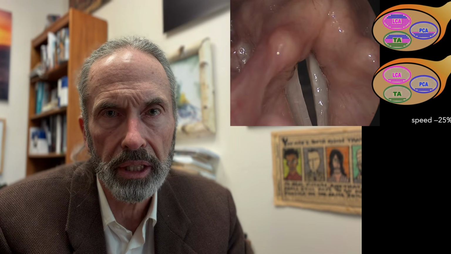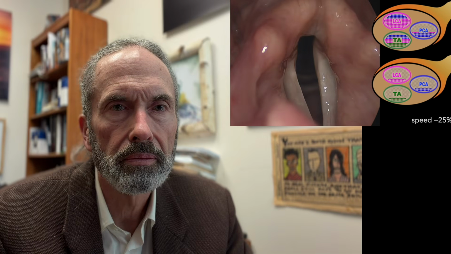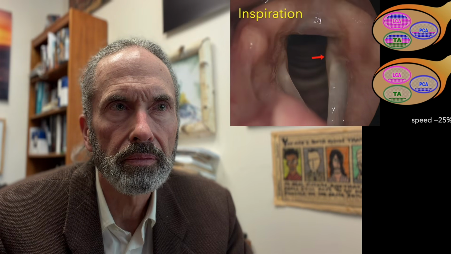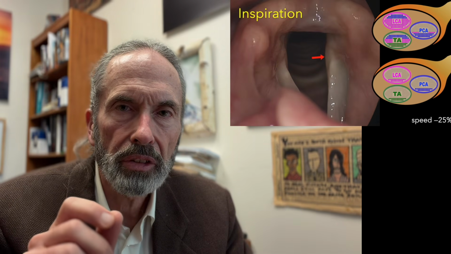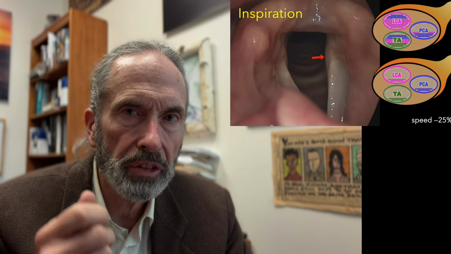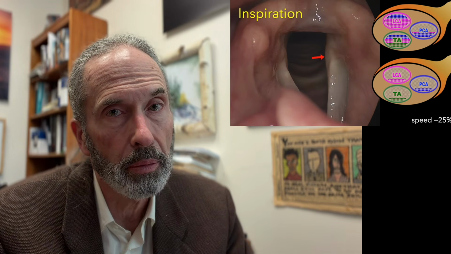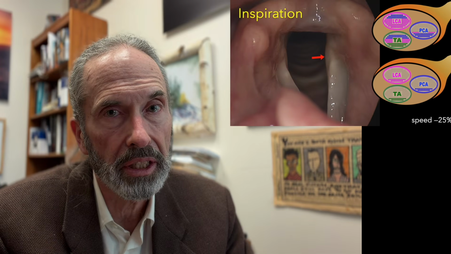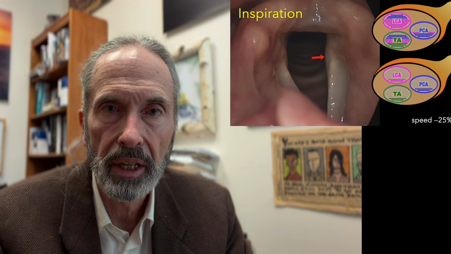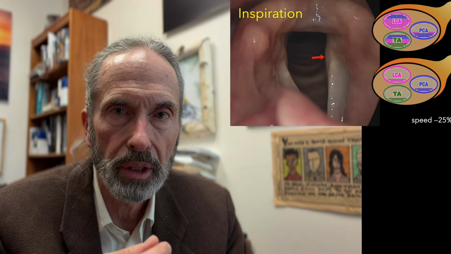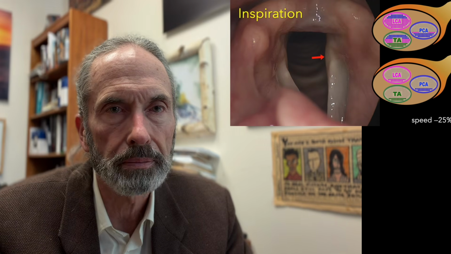So let's watch it again. This time, we're looking at the same video, but going very slowly, and we're going to look at it repetitively. Our first task is to isolate inspiration and ask ourselves what's going on with the left vocal process.